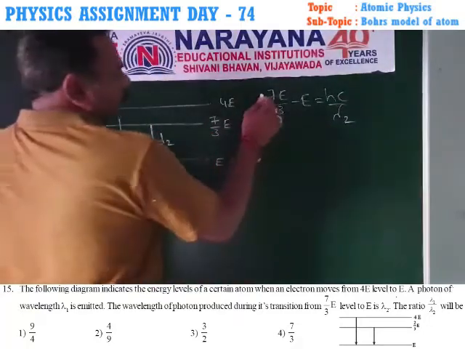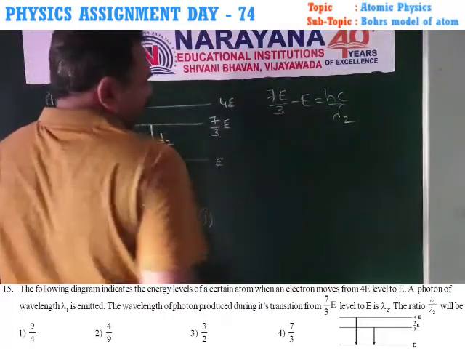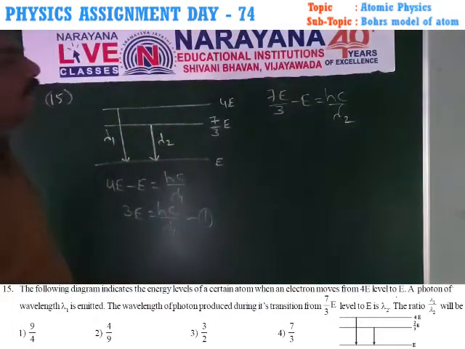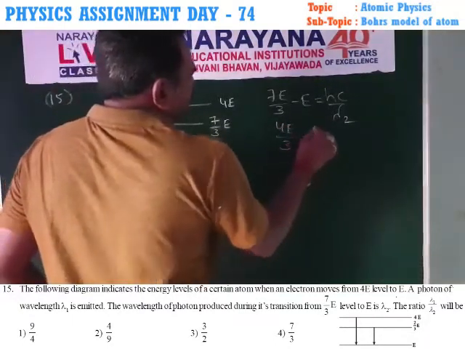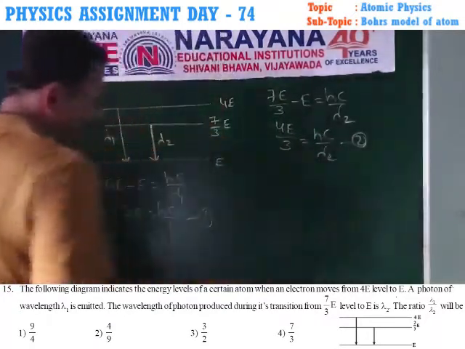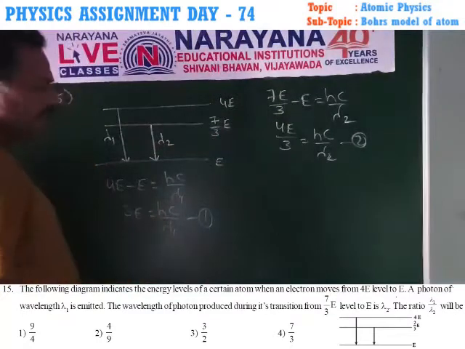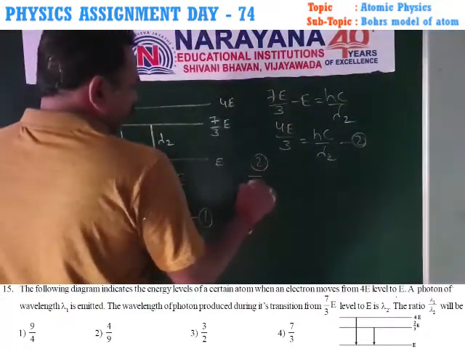So now here 7E by 3 minus E, that is 4E by 3, is equal to hc by lambda 2. This is equation 2. So dividing 1 by 2, we have to find the ratio. So ratio becomes second equation by first equation.